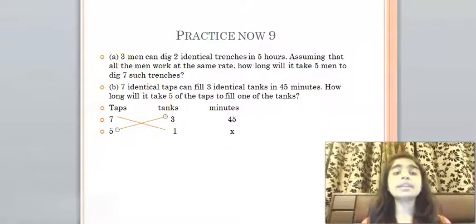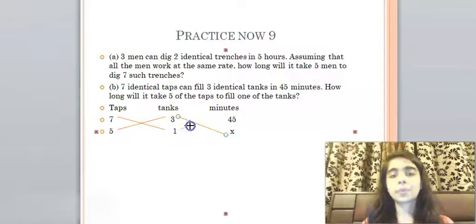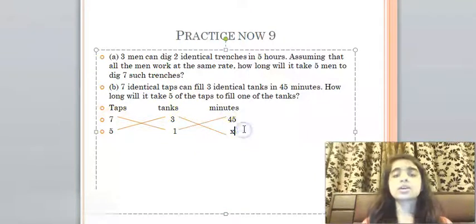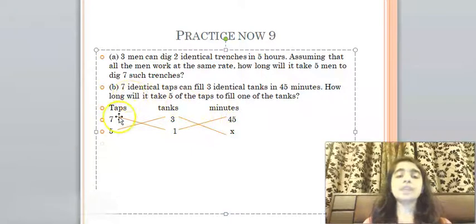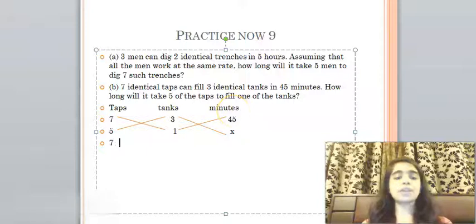So again, these two quantities are also directly proportional, so we will cross multiply. Alright, so now 7 multiplied by 1 multiplied by 45 is equal to 5 multiplied by 3 multiplied by x.